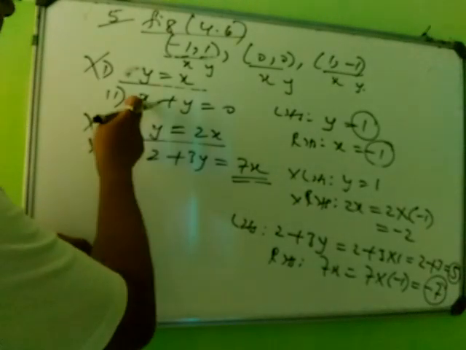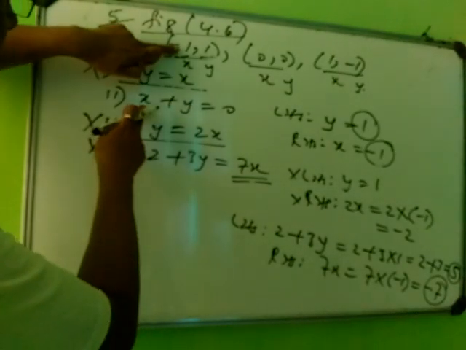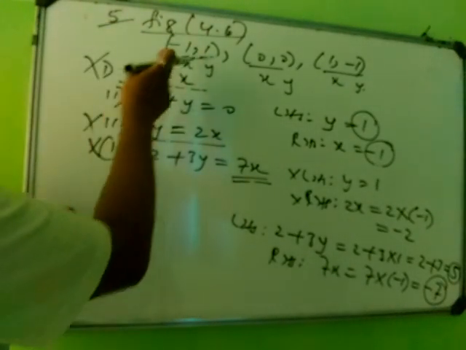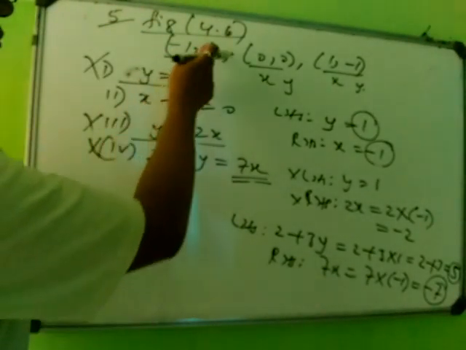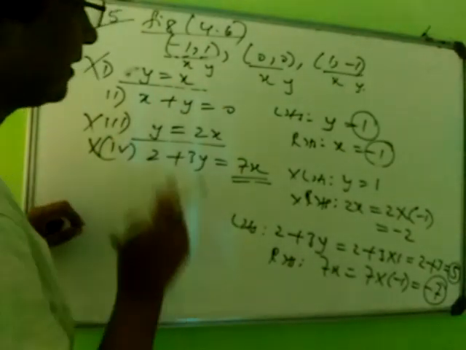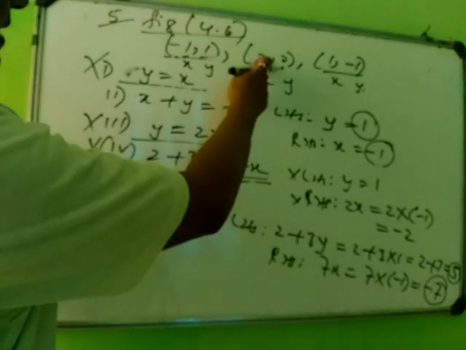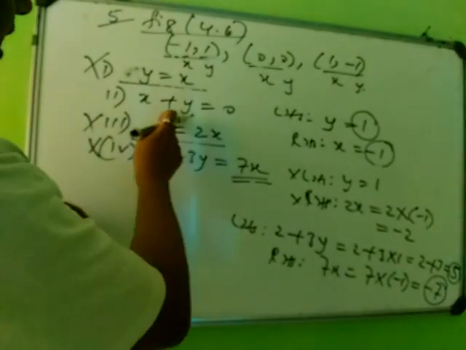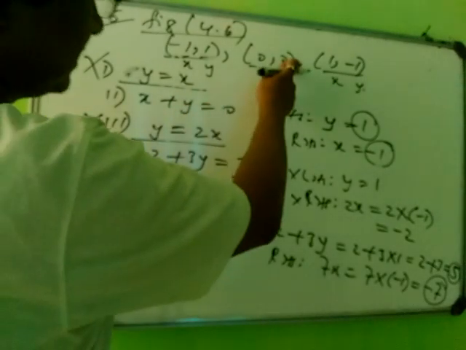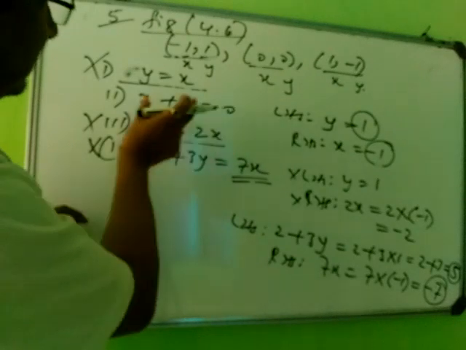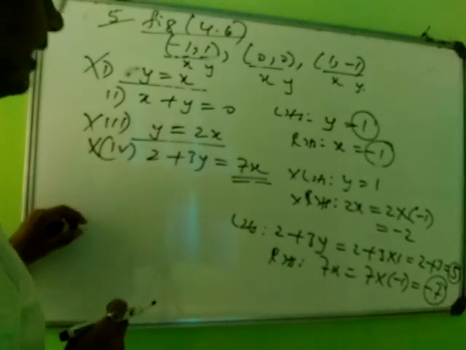Let us come to this. X is minus 1, so minus 1 plus y is 1. Left hand side: minus 1 plus 1, you got 0. 0 equals 0. Left hand side equals right hand side. X is 0, so you take the LHS: 0 plus y is 0. So 0 plus 0, you have got 0. That means the left hand side equals the right hand side.